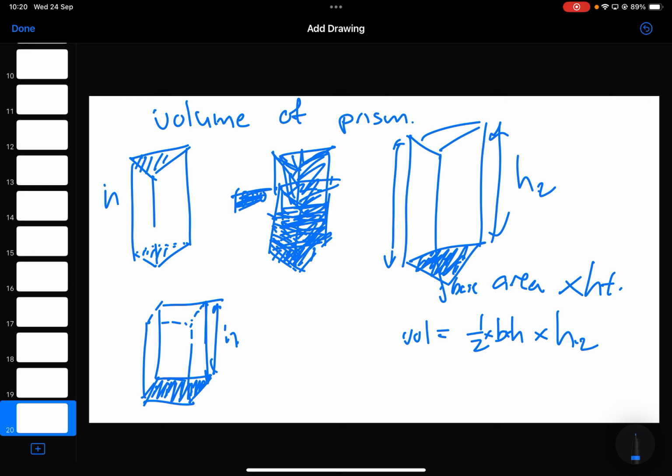If my end is a trapezium, then this trapezium is multiplied by this height. Also the same, I will find the area of this trapezium, multiply by this height, then I can get the total volume.